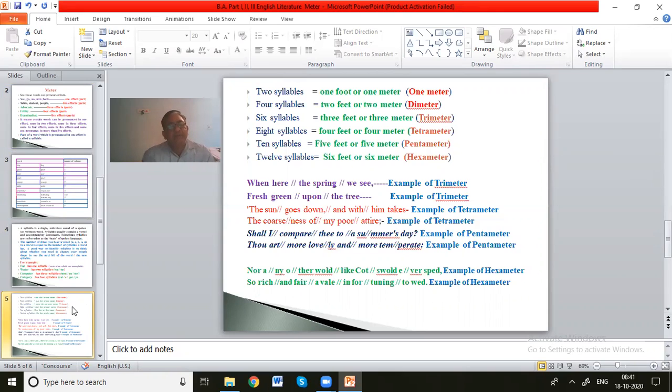Then there is heptameter, octameter, and it will continue. But generally, and at maximum, the meter used by the poet is tetrameter or pentameter.